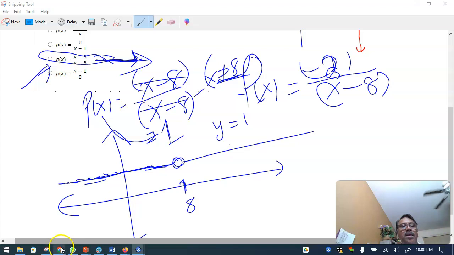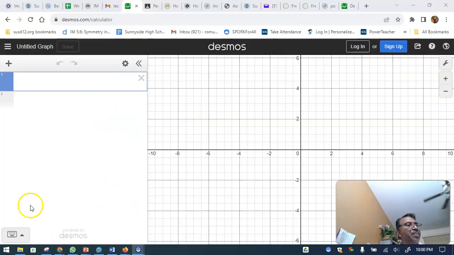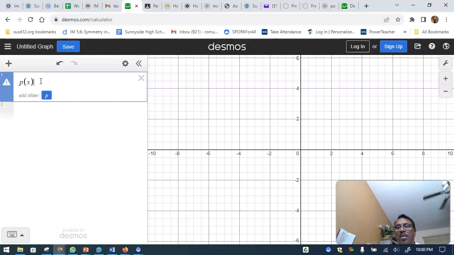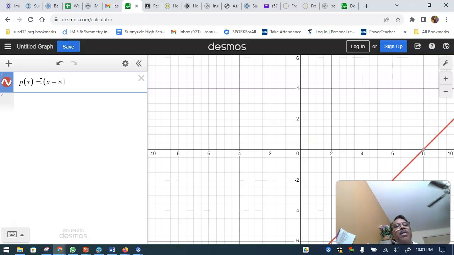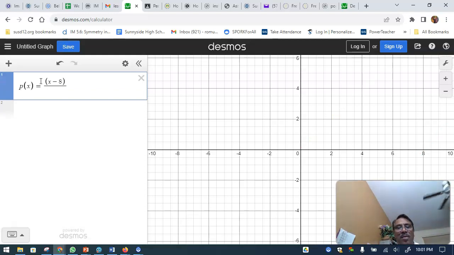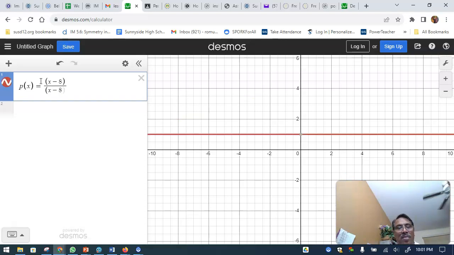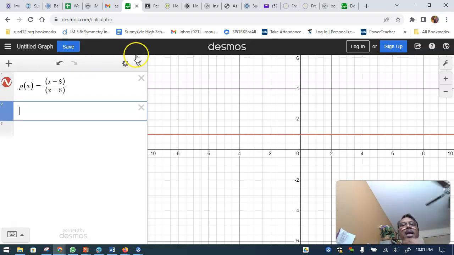if I click here, I hope I'll be able to show. If I try to put in that function, I'm putting in the decimal just to make it easier, x minus 8, and then divide by x minus 8. If you do this, you get a line there.